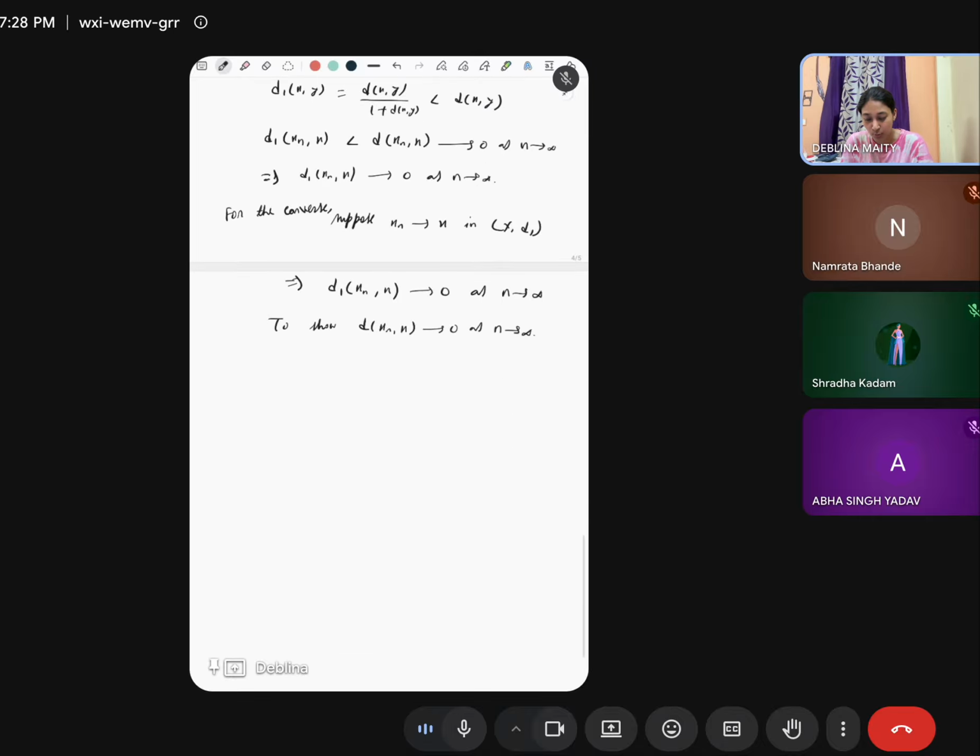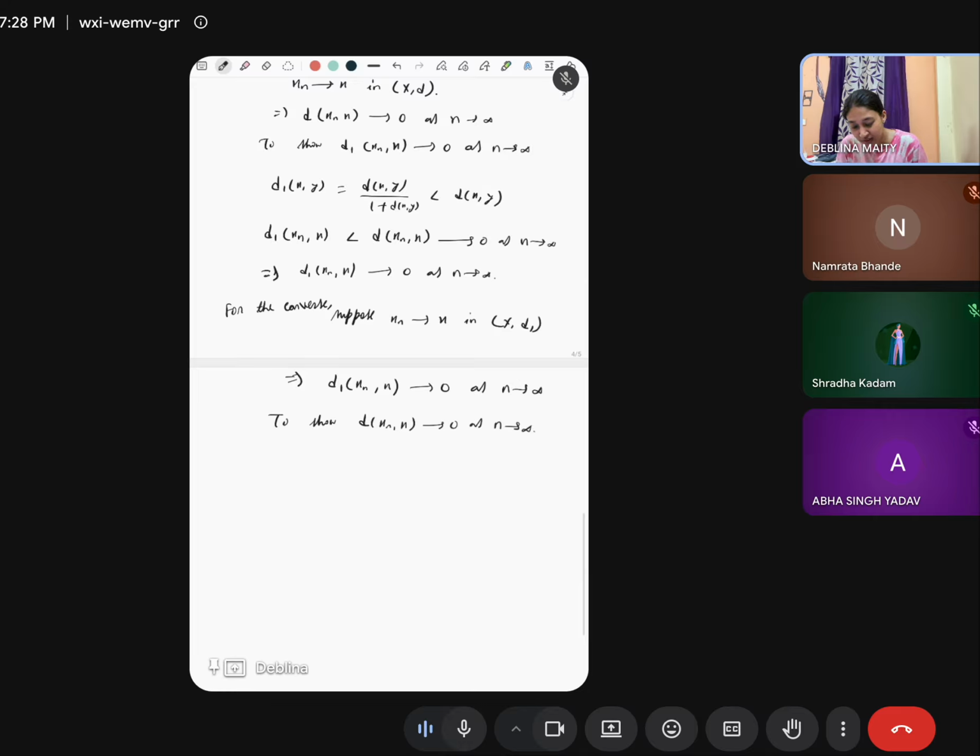Now d1(xn, x) goes to 0 means, given any epsilon greater than 0, there exists a natural number N such that d1(xn, x) is less than epsilon by 1 plus epsilon for all n greater than or equal to N. We could have taken d1(xn, x) less than epsilon, but I am taking epsilon by 1 plus epsilon because it will ease the proof.